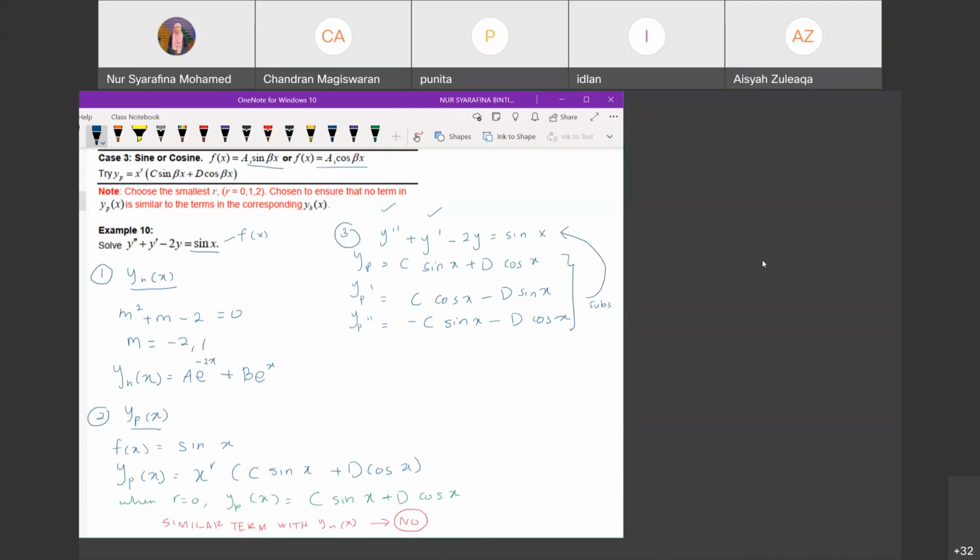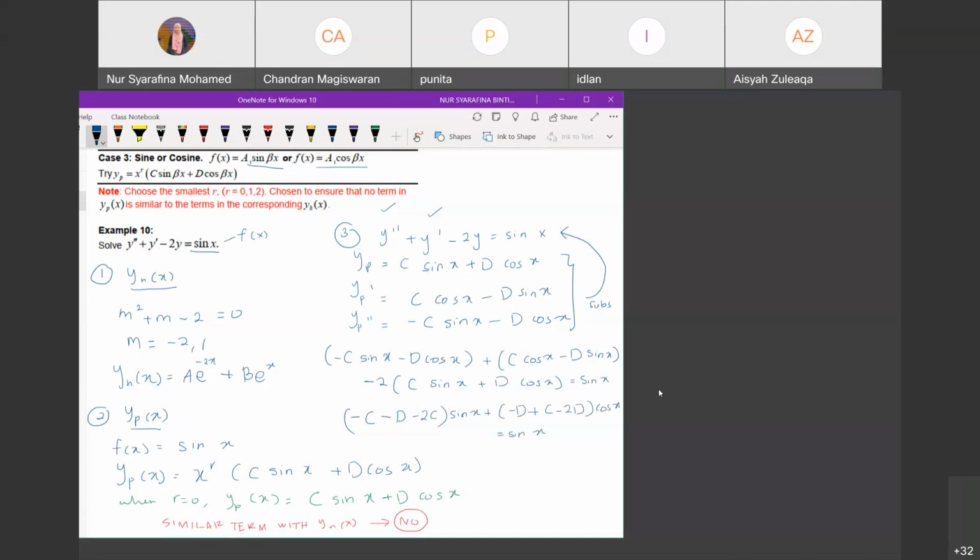Just substitute everything here, and then simplify.